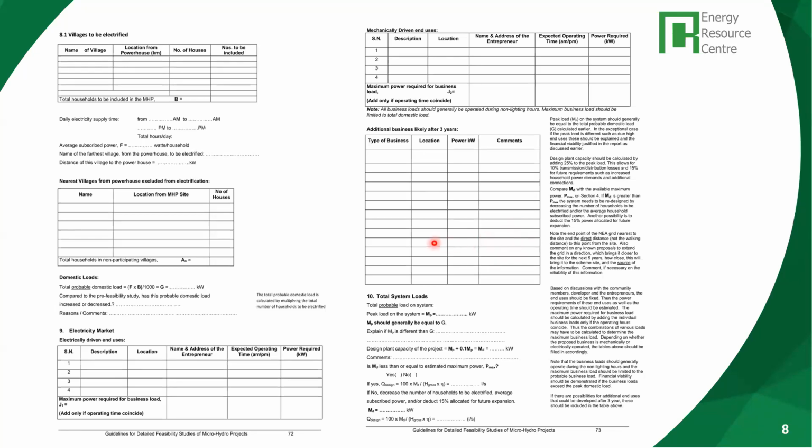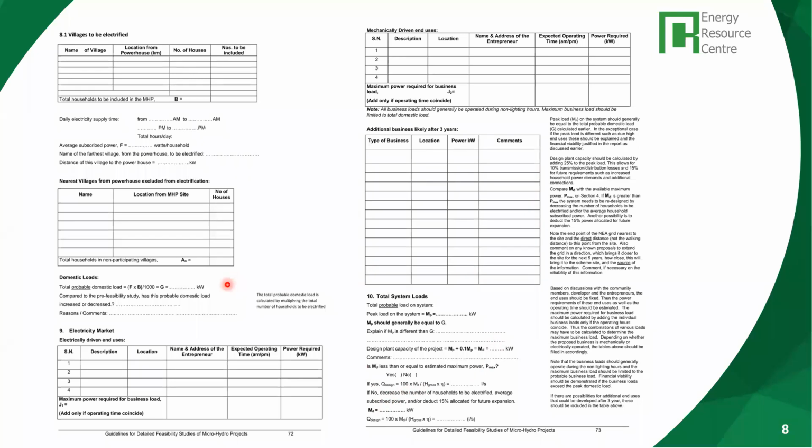So what are the types of businesses that are likely to develop after 3 years are also listed, because demand is bound to increase after a few years, because when you have access to electricity power where you didn't have reliable access earlier, demand will increase when you have this better access. So totally, you basically decide on the total system load based on this electricity market and the domestic uses.